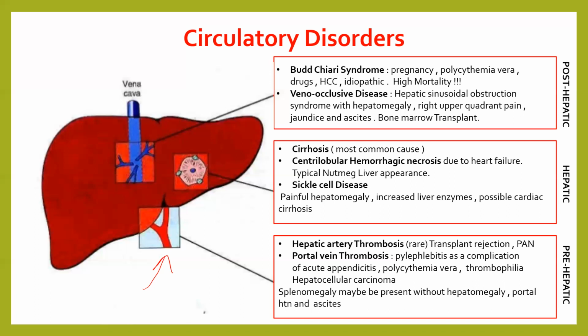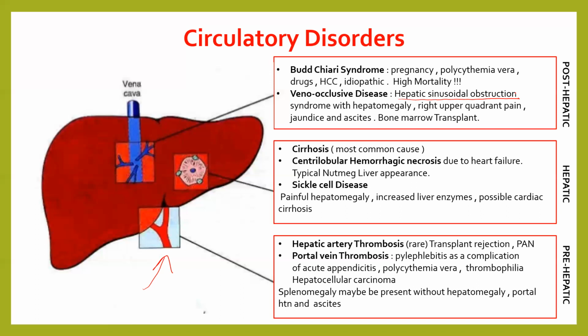On first look, these two things may seem quite similar, right? But the difference here is that veno-occlusive disease affects the hepatic sinusoids, and Budd-Chiari syndrome is talking about the veins. What happens in Budd-Chiari syndrome is we have thrombosis of the veins.